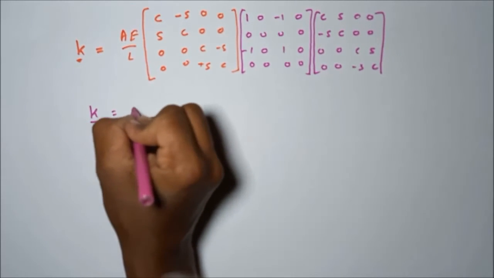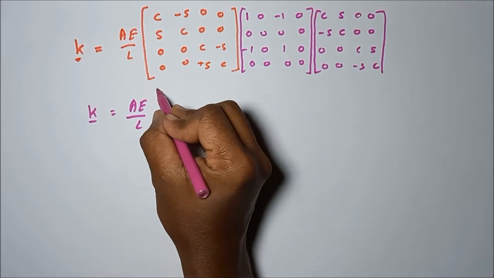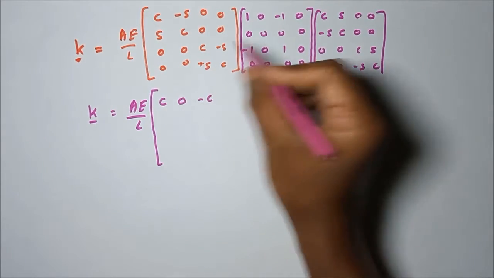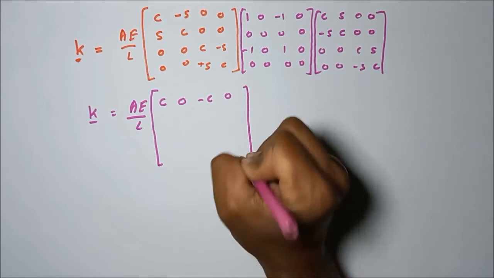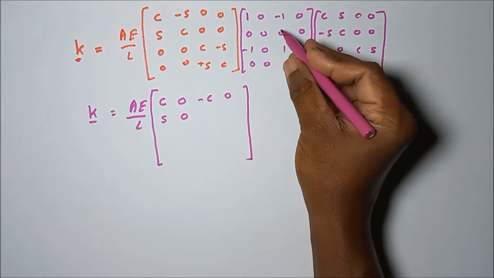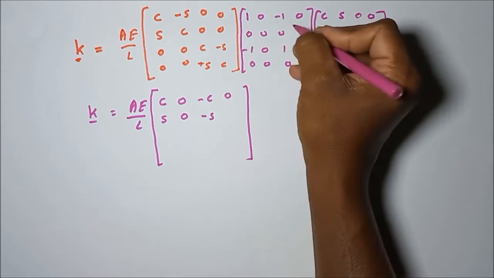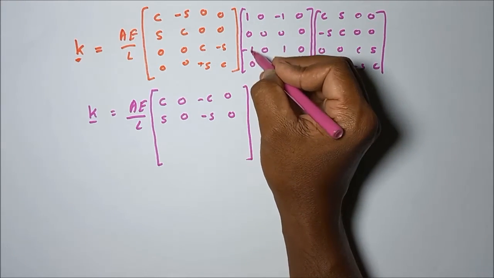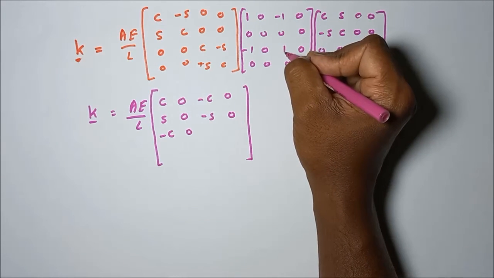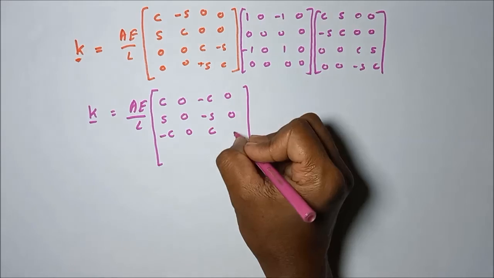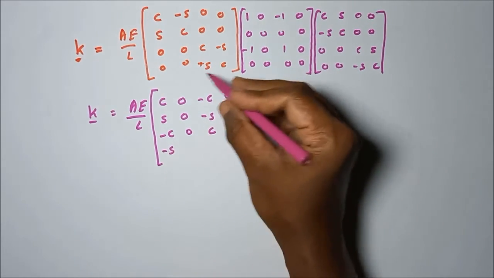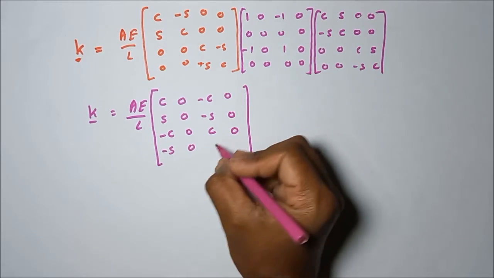Let's take AE divided by L, the multiplication of these two matrices: C, 0, minus C, 0, then S, 0, minus S, 0 in the rows.